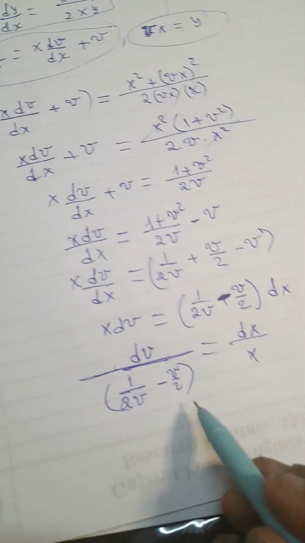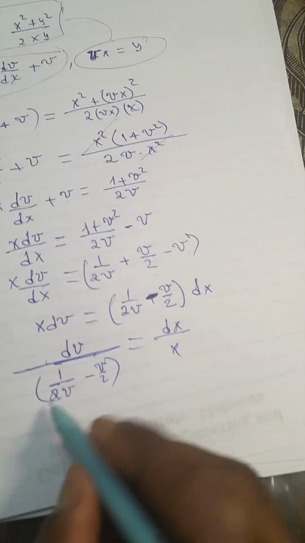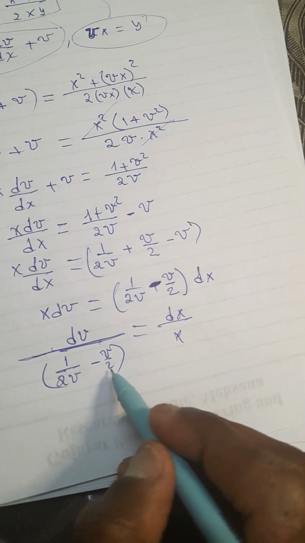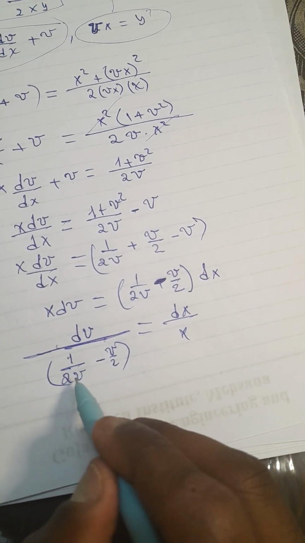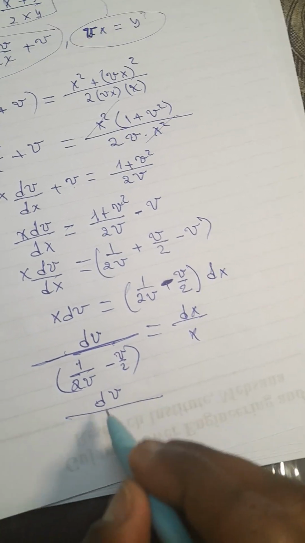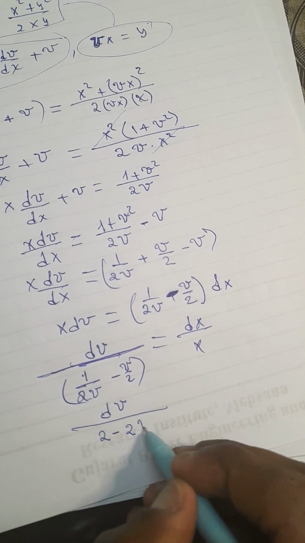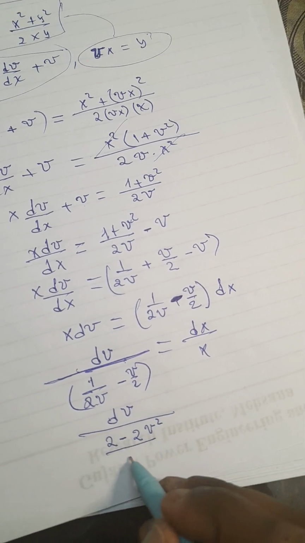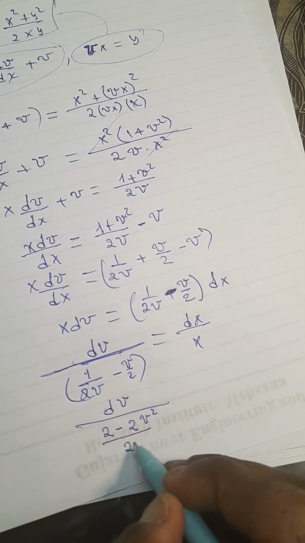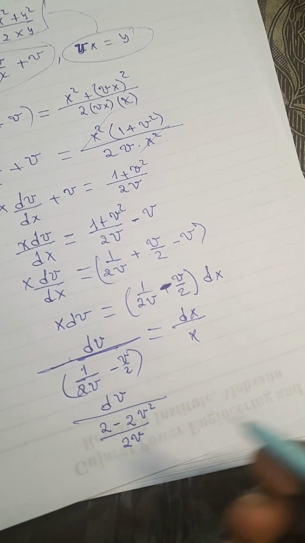Then here you can find the common denominator and solve this equation. If you find the common denominator, here you have 2, and here you have 2v squared. So this will be dv upon 2 minus 2v squared, all upon 2, and here it is the same, all upon 2v.